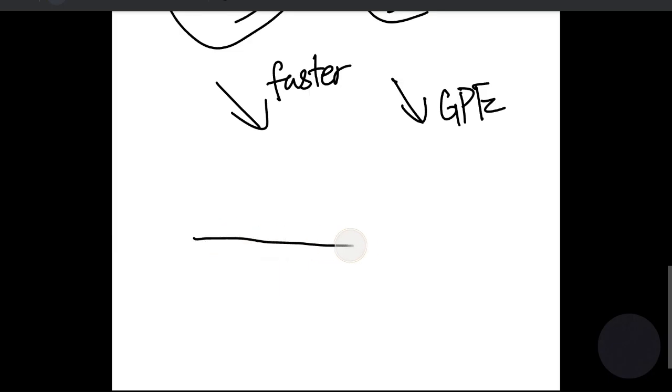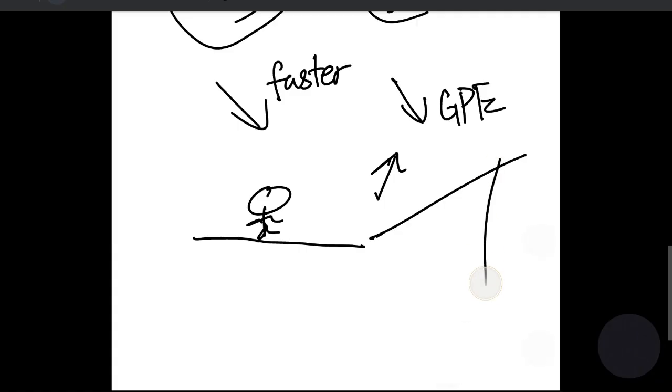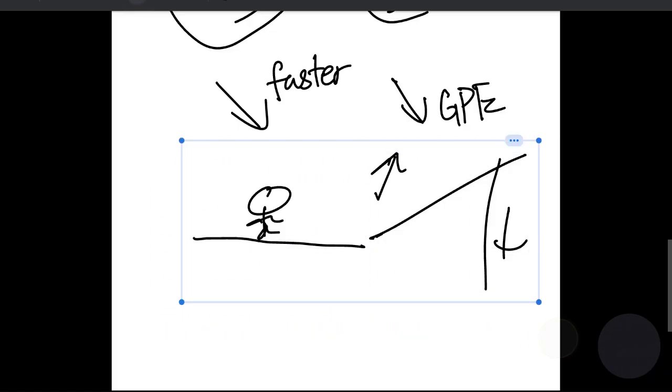For gravitational potential energy, it's high if you remain on flat ground. If you move up, it's gonna get higher. If you move down, it's gonna get lower.